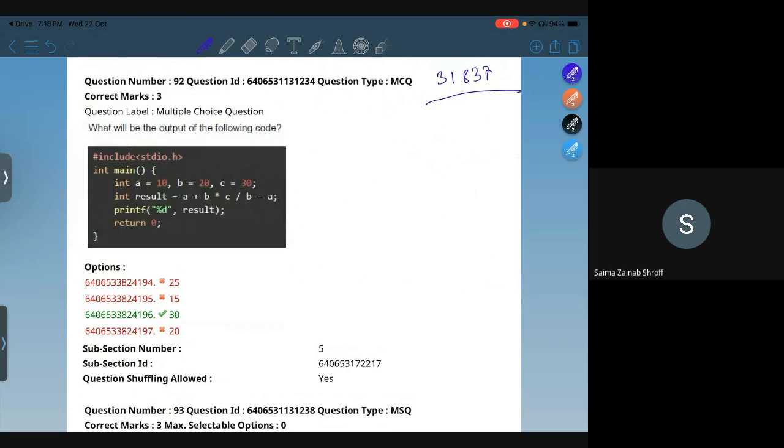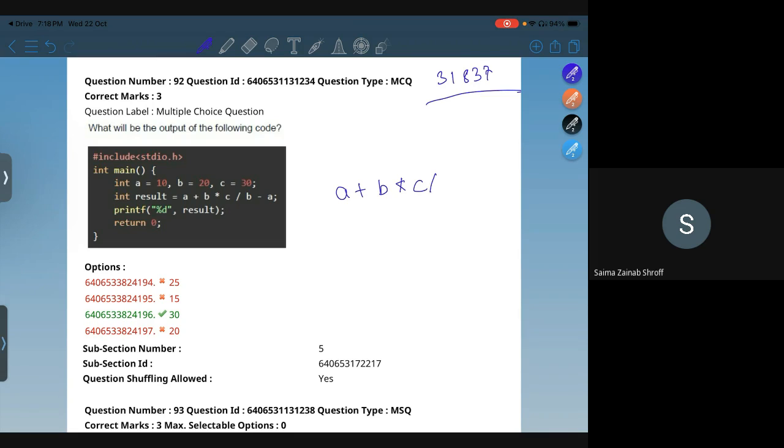Then what's the output of this code? So 10 plus B is 20 multiplied by C, which is 30, divided by B. Let's solve this.